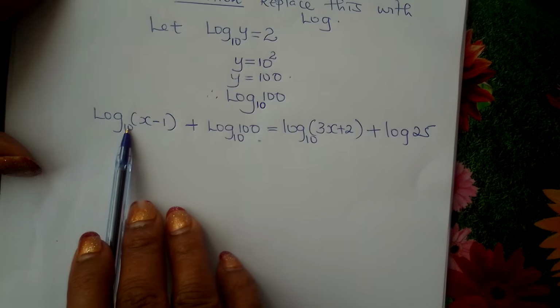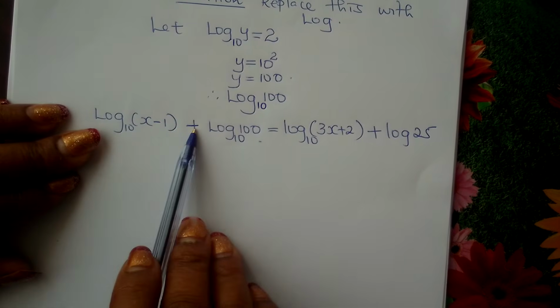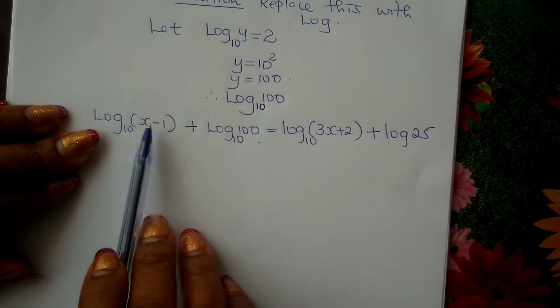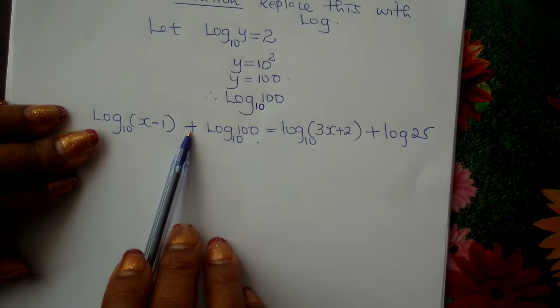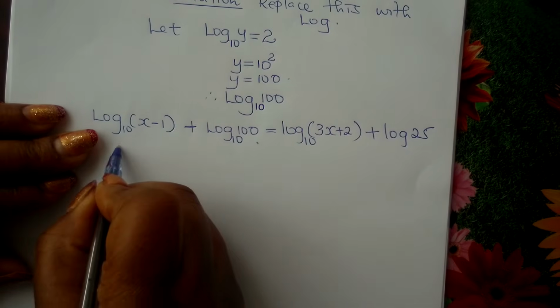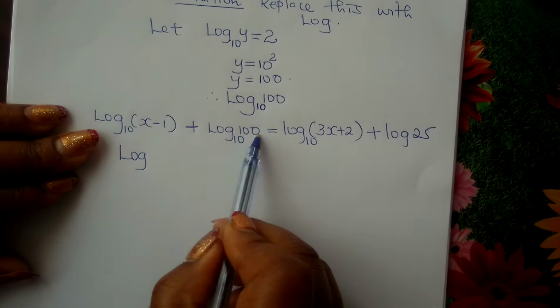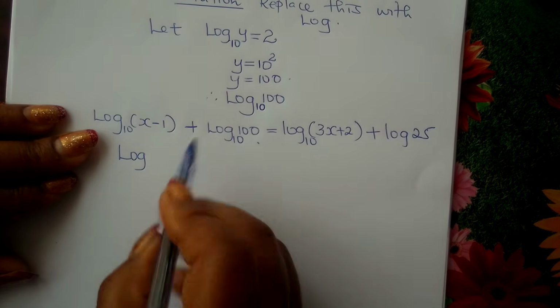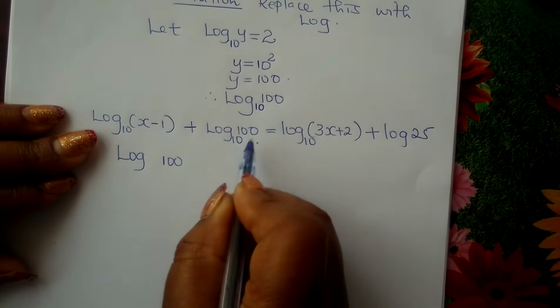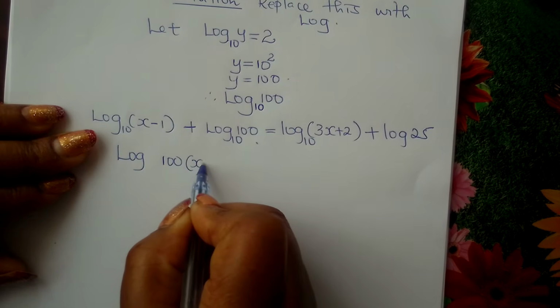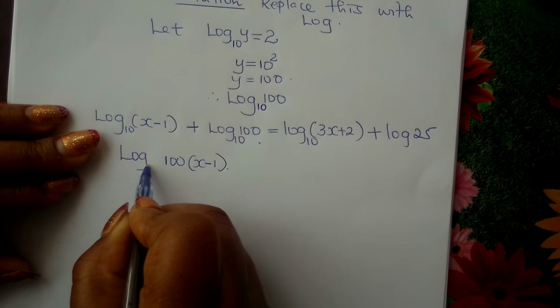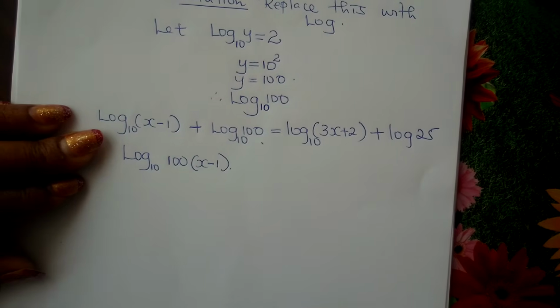From here now you apply the laws of logarithm. Here we have addition, and here we have log of this and log of this. If we have addition, learner, we normally write 1 log, and then we multiply the 2 terms. So you take your 100, you multiply with the first one there, and all these are to base 10.